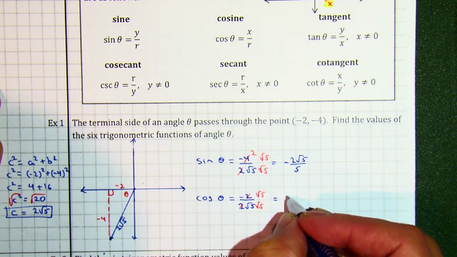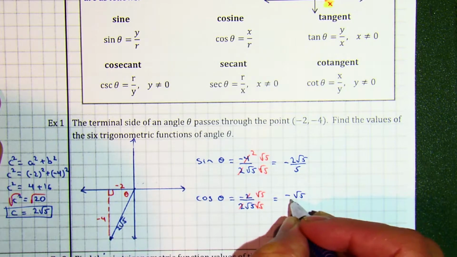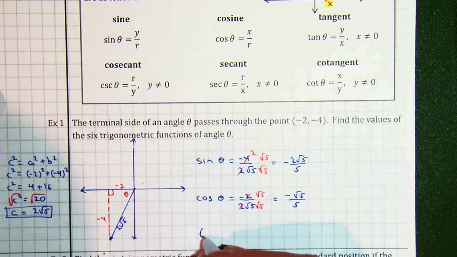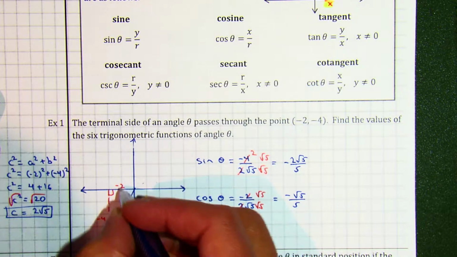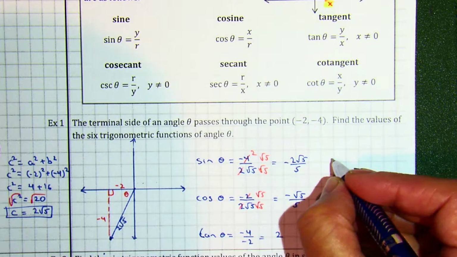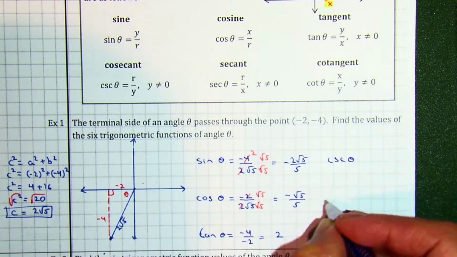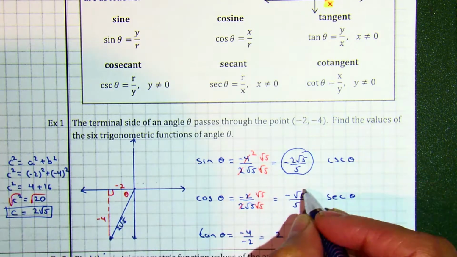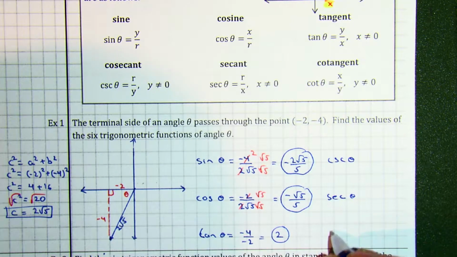So therefore, I end up with negative square root of 5 over 5. My tangent is my y over x, which will be negative 4 over negative 2, which is positive 2. Now I need to be able to find my cosecant, my secant, and my cotangent.